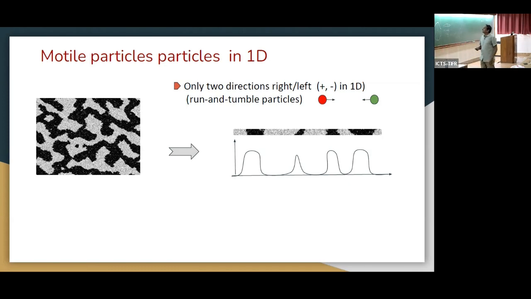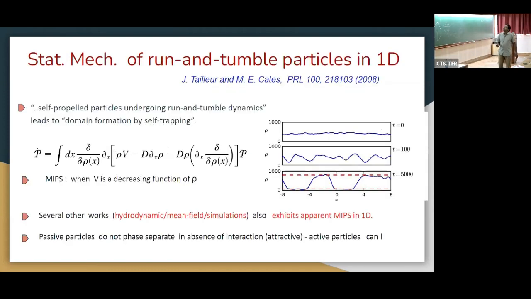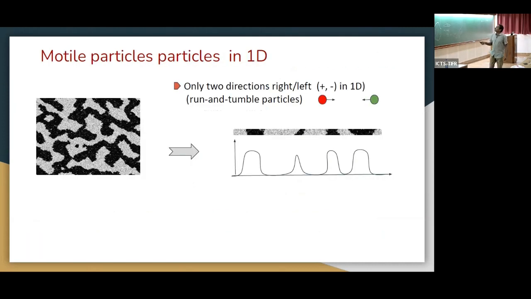Now let us see what we know about this. This is one of the papers from 2008. It is about run and tumble particles. By the way, in 1 dimension, since you have only 2 directions, left or right, you have only run and tumble particles. So plus can become minus. You don't have continuous change of direction. It's not possible.